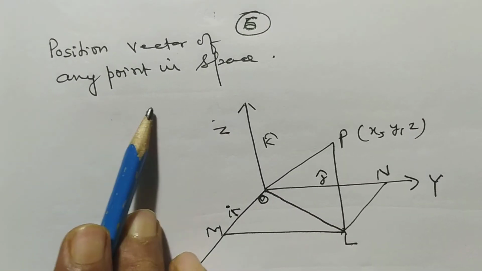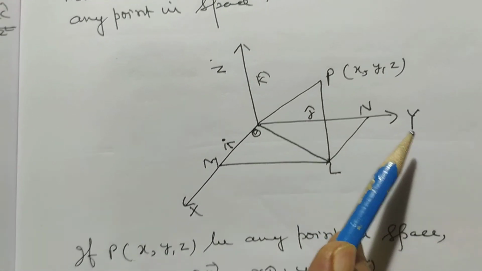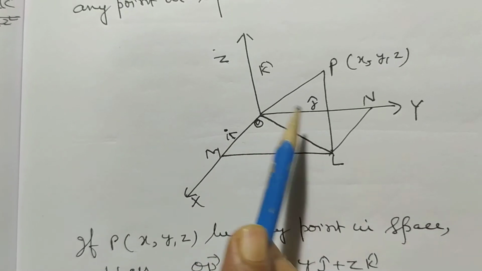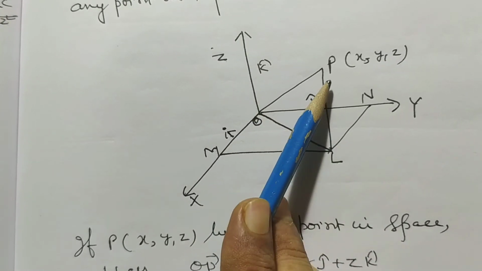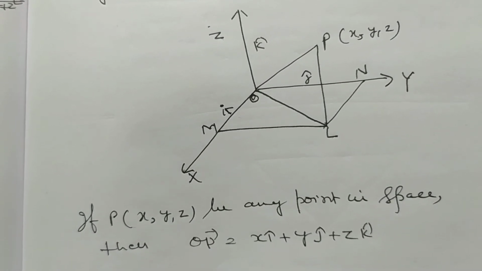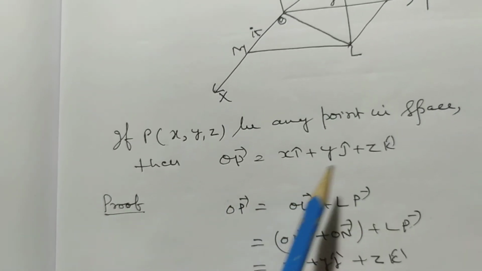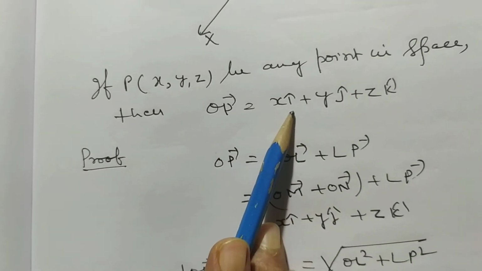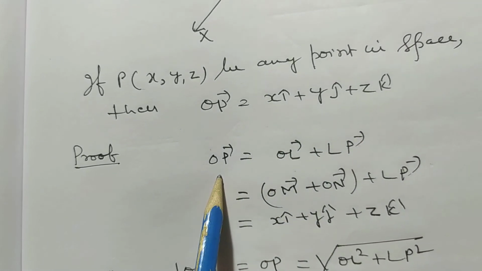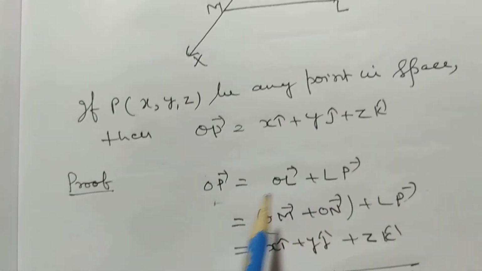Now, the position vector of any point in space: suppose x, y, z are the x-axis, y-axis and z-axis respectively, and P is a point in space, then OP is equal to xi plus yj plus zk, where i cap, j cap, k cap are the unit vectors along the x-axis, y-axis and z-axis. My dear student, OP is equal to OL plus LP.